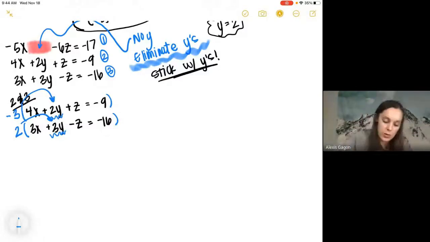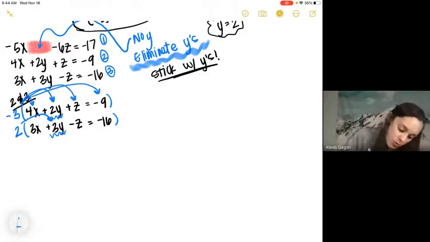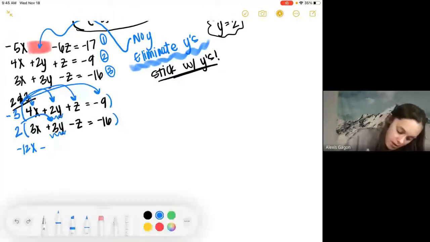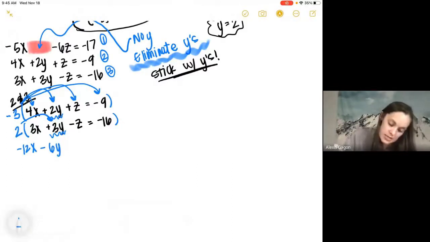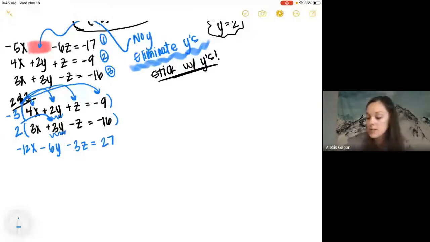So when we multiply this 3 in, we have to multiply it to all of the things in here. So negative 3 times 4, that's negative 12x. Negative 3 times 2y is negative 6y, not 3y. Negative 3 times z is negative 3z. And negative 3 times negative 9 is a positive 27.